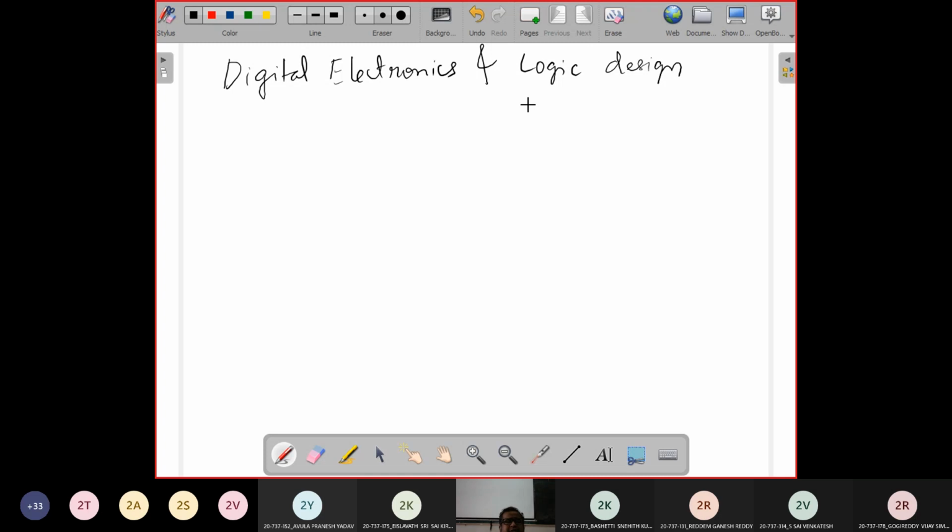Now we have this understanding of, given a number which you want to represent as a negative number, you can easily represent it in any of these three forms: signed magnitude form, signed one's complement form, and signed two's complement form.